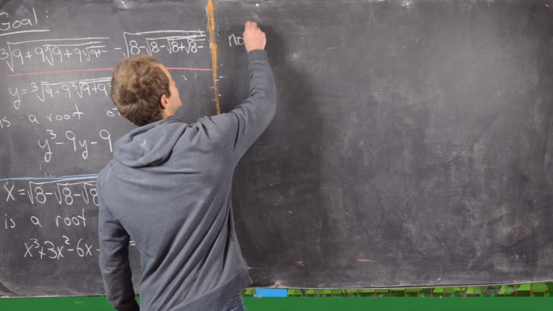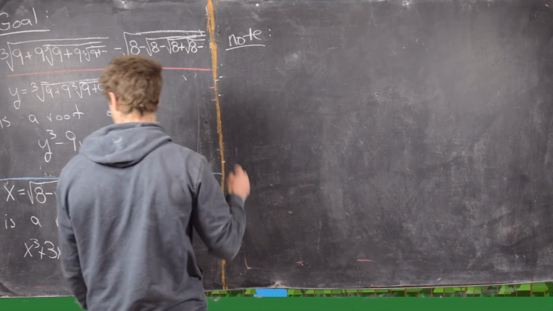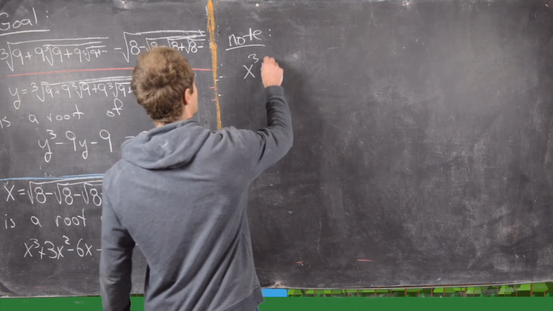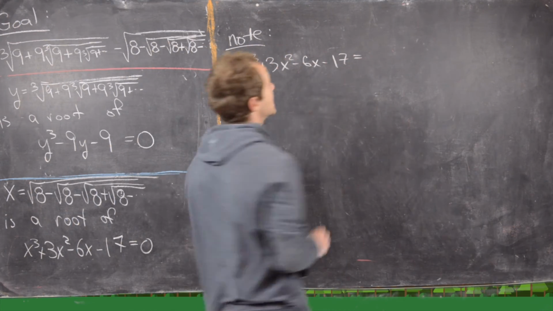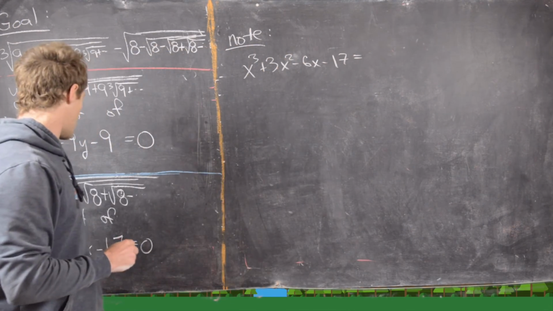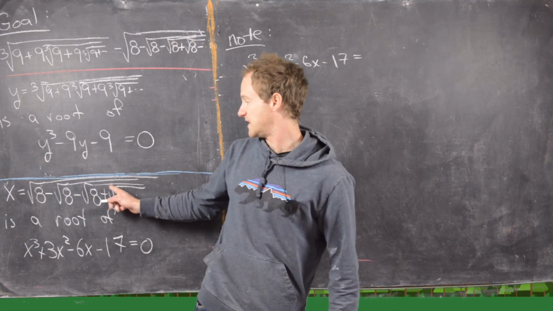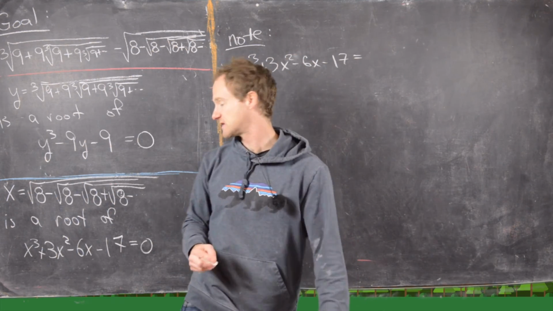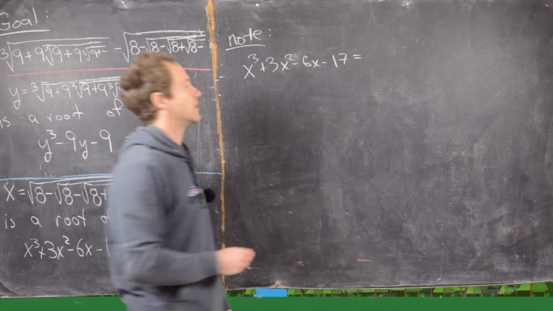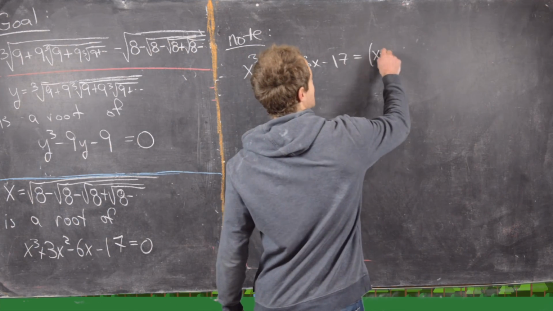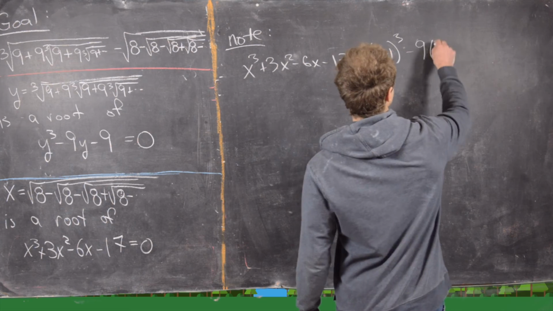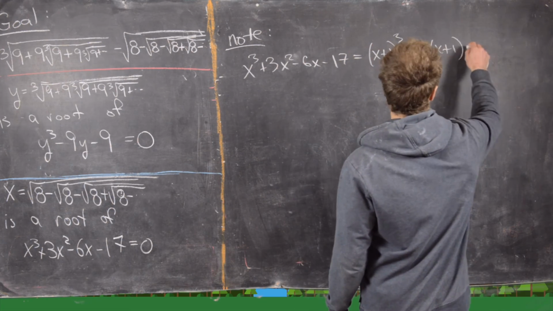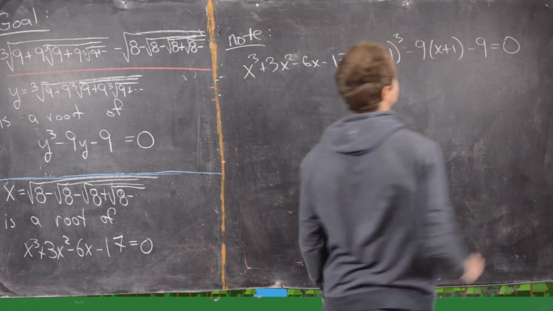Now, the next thing that I want to notice is the following. If we have x cubed plus 3x squared minus 6x minus 17, which is the polynomial which this term satisfies, we can actually write this in the following way. This is the same thing as (x plus 1) cubed minus 9 times (x plus 1) minus 9 equals 0.